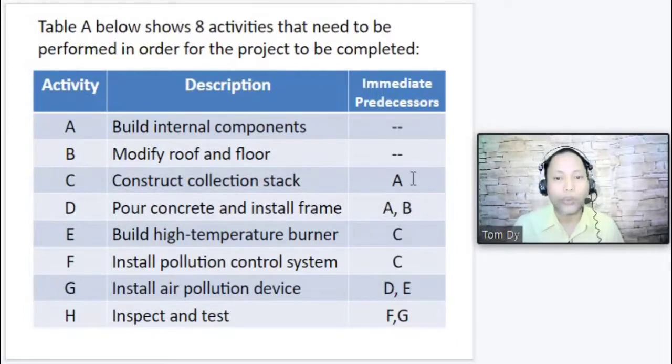For activity C, the immediate predecessor is A. In other words, C will not start unless you have finished activity A. Activity D could not be started unless you finish activities A and B. For activity E, the immediate predecessor is C, and likewise for F, it is C. For G, the immediate predecessors are D and E. And for H, they are F and G. So you cannot start G if you are not finished with activities D and E.